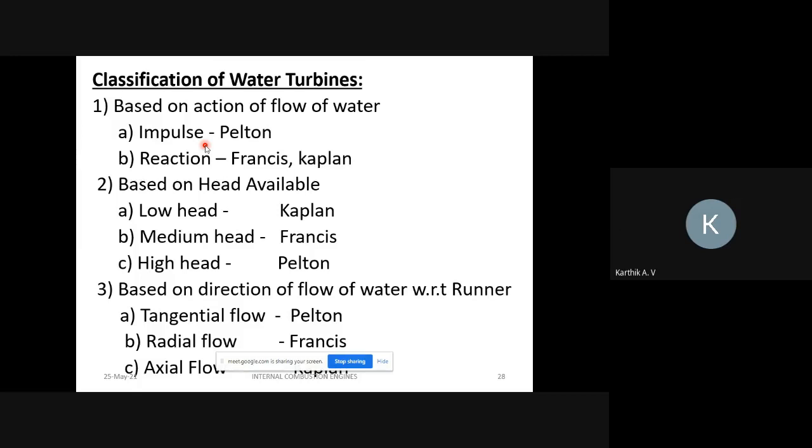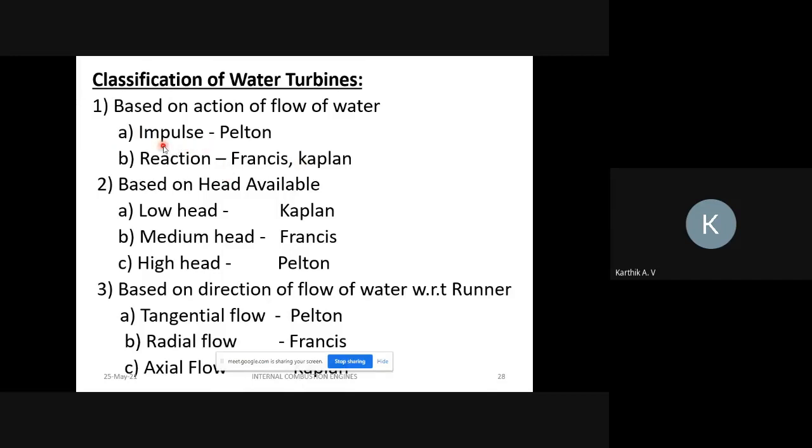So what is an impulse turbine? Aditya. Aditya Shetty. Yes, sir. Can you explain what impulse turbine means? What is an impulse turbine?